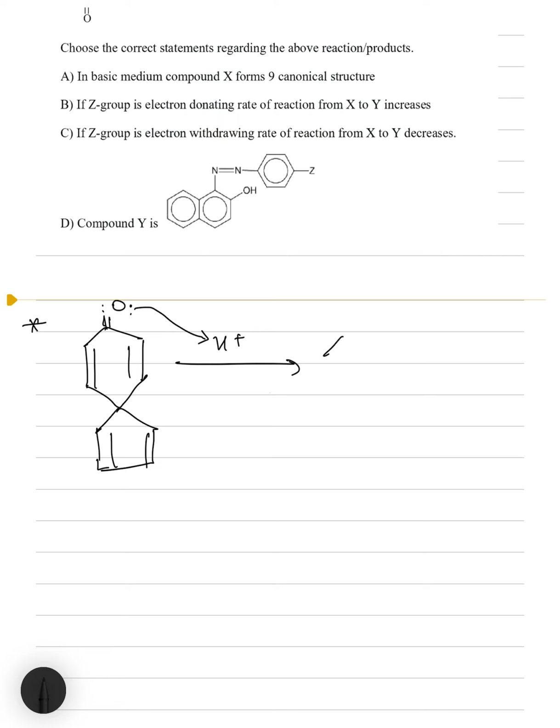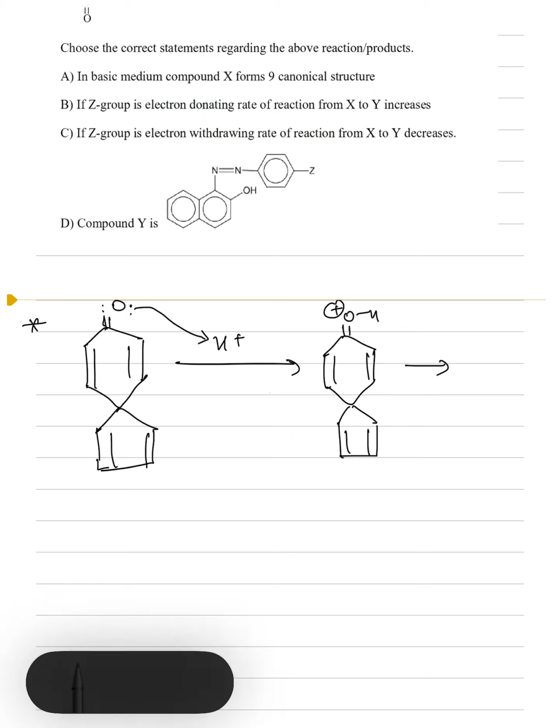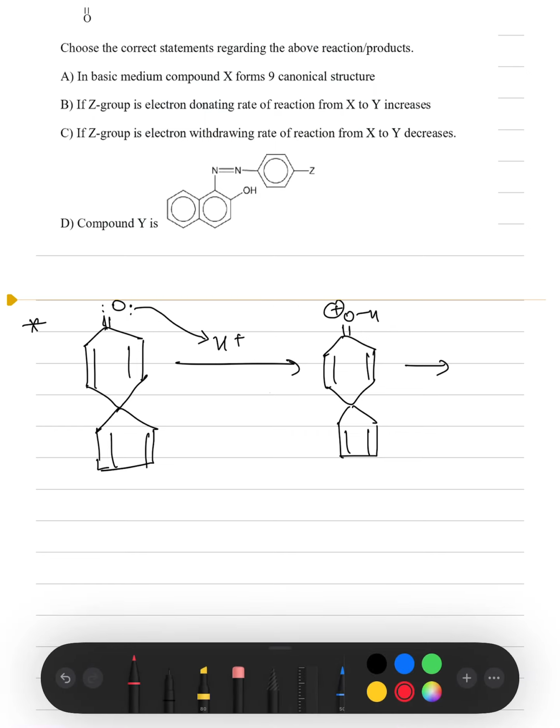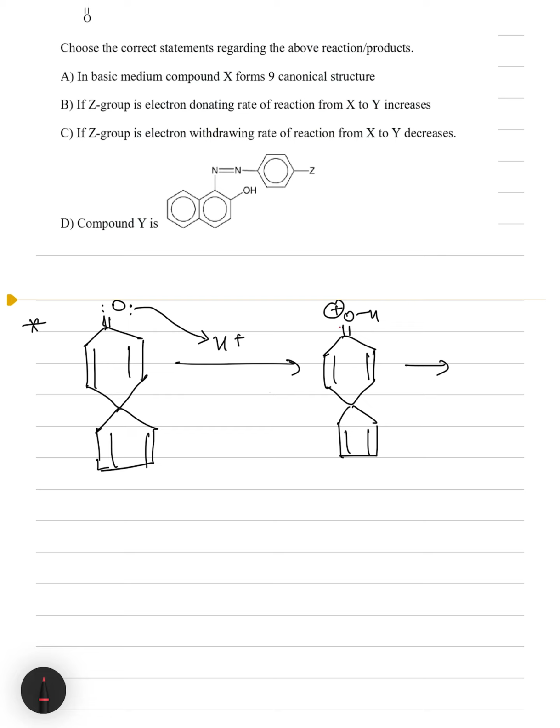Right? Now what will happen? Once it will take away H plus ions, the oxygen will attain the positive charge here, like this. And because we know the positive charge of the oxygen is not stable one, what it will do? It will take away the shared pair of electrons from that pi bond towards itself. These electrons will go to oxygen. But the moment these electrons go to oxygen, the carbon becomes positive charge.